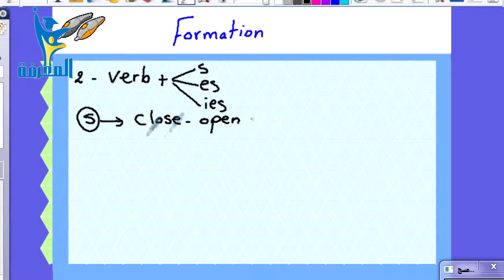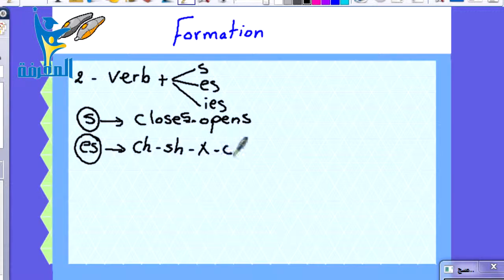If we want to put these verbs in the present simple tense, we shall put S at the end of each one. When shall we put ES? We put ES if the verb ends in CH, SH, X, O, Z. These are the endings that need ES at the end of the verb to be present simple tense.